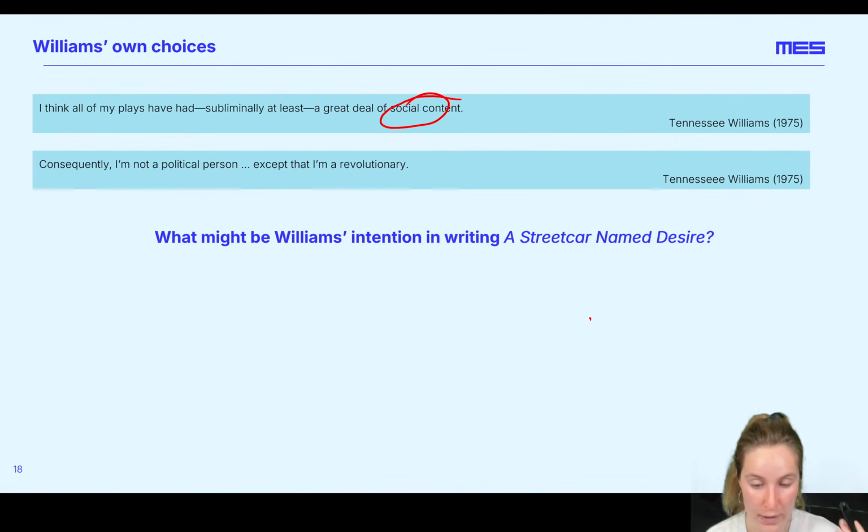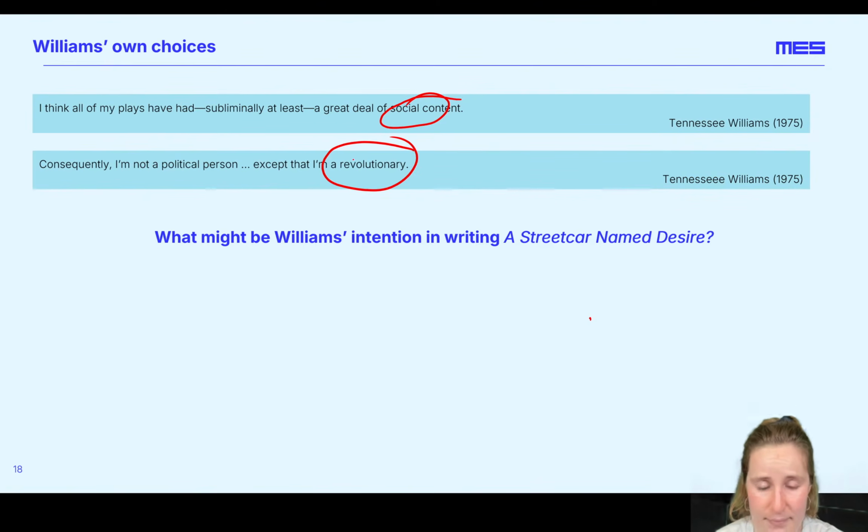With this as well, we've got Williams saying, "Consequently, I'm not a political person except that I'm a revolutionary." Now, on what side? That's hard to say, because many of his characters are complicatedly sympathetic. So if we read Blanche and Stella with a feminist lens, they certainly are sympathetic. Seems that most people find Blanche a sympathetic character.